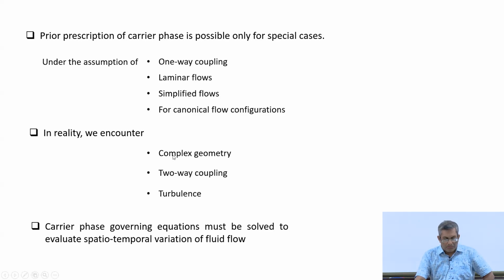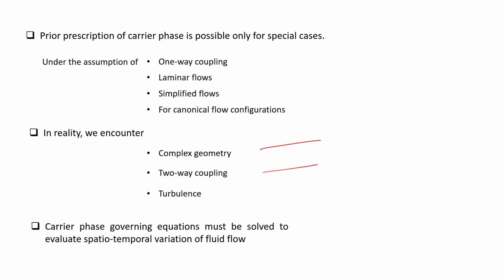So, first, complex geometry: what is meant by that? We have solved, for example, Poiseuille flow in a pipe, so we know the profile. But let's say it slightly expands and you have a configuration like this.